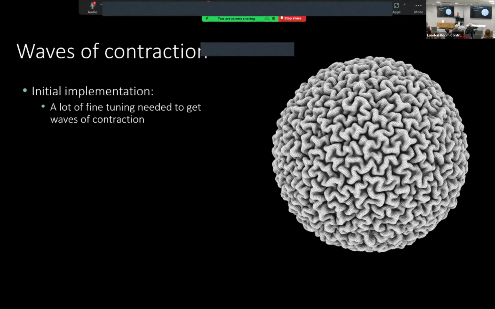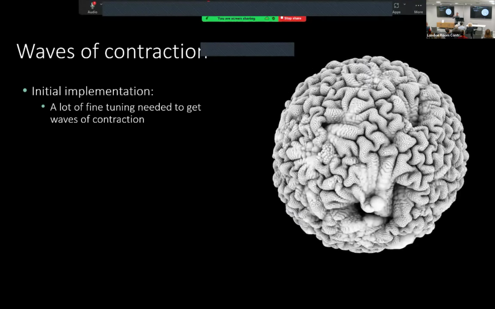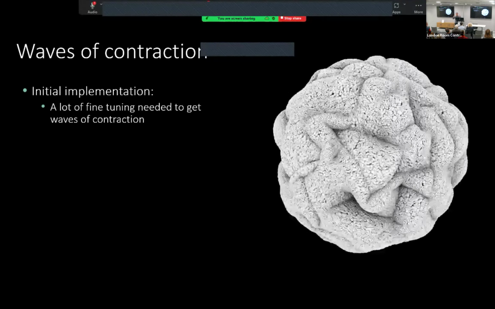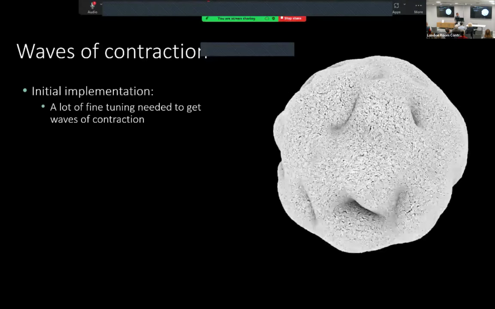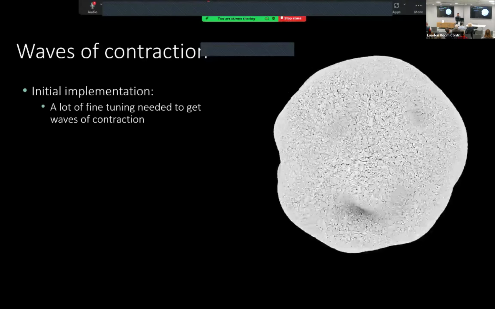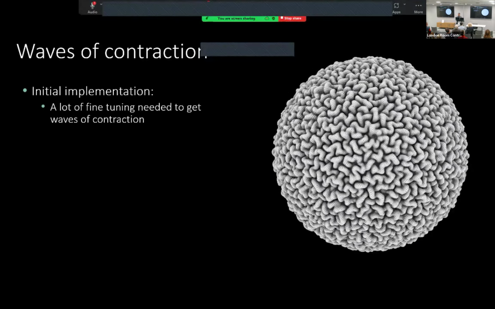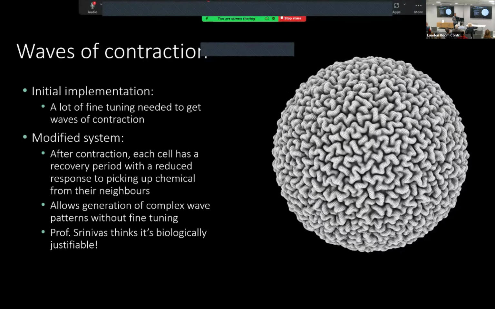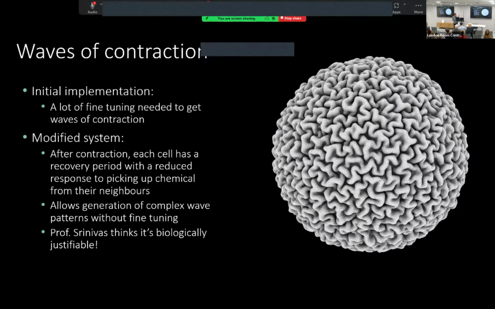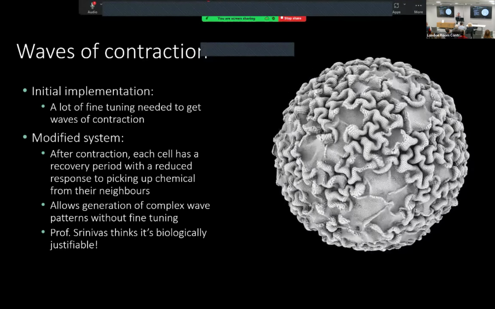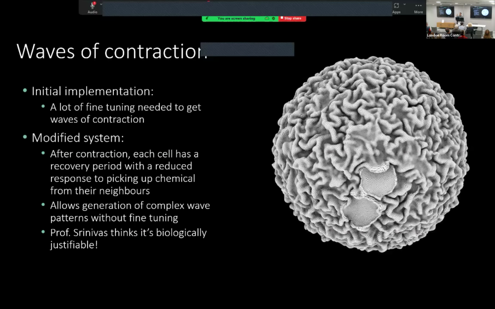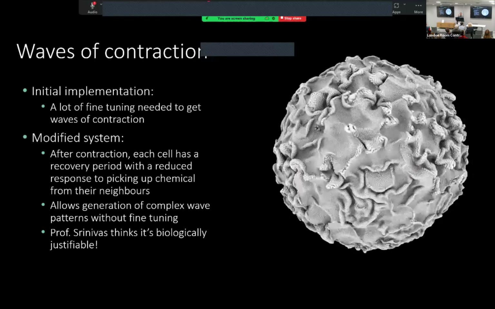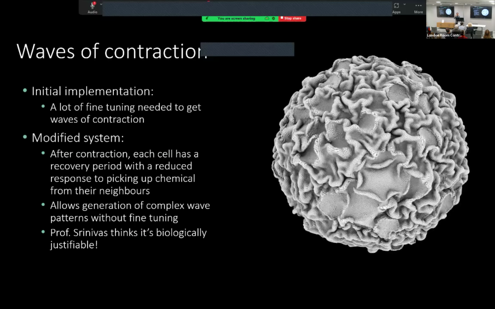We did about 1,000 samples to find the settings for inducing waves of activity. Then we added just a little extra thing to the simulation: after every contraction there's a recovery period. Each cell, when it contracts, can't immediately be influenced to contract again.